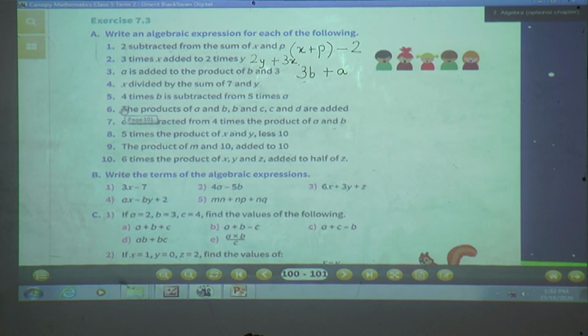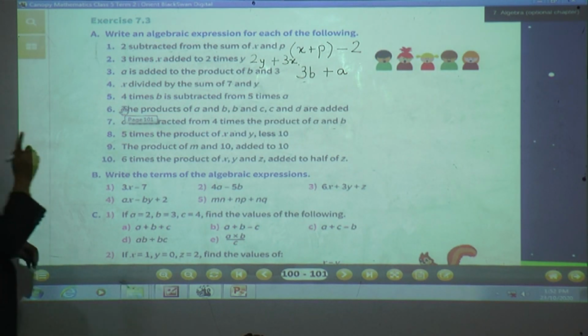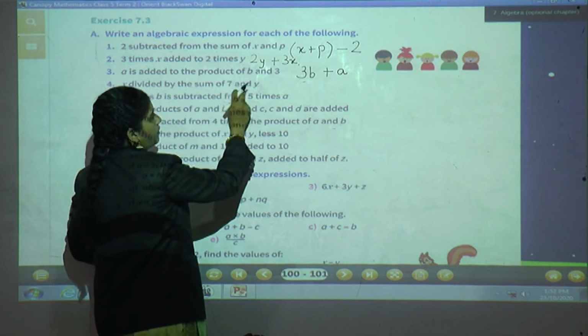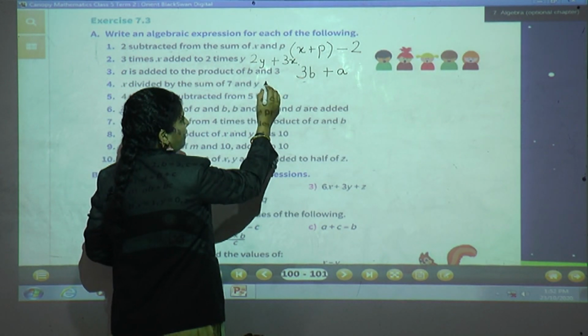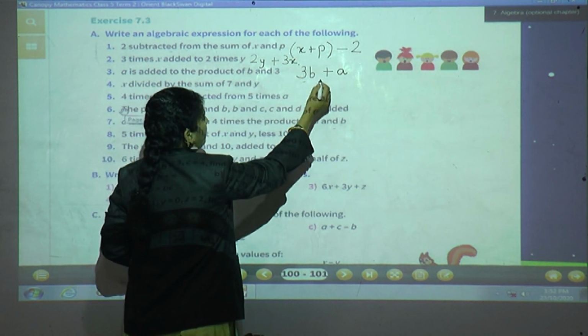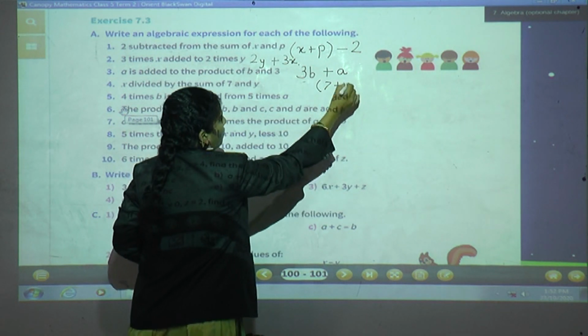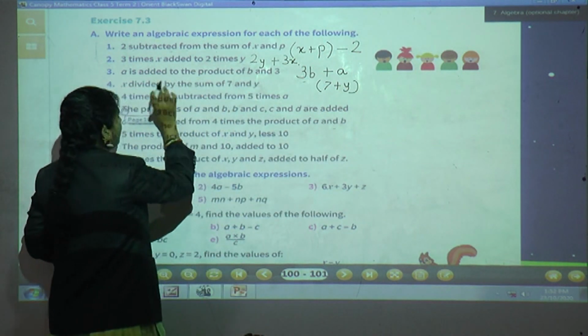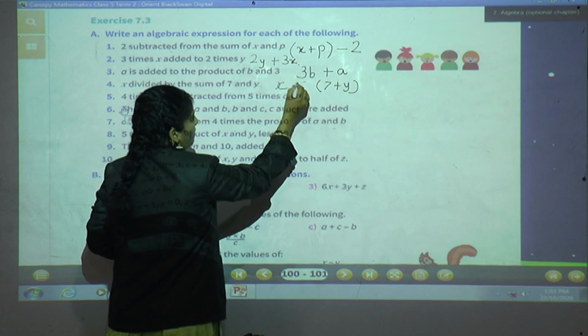Now, x divided by the sum of 7 and y. So what will you write first? The sum of 7 and y, that means 7 plus y, and x divided by it.